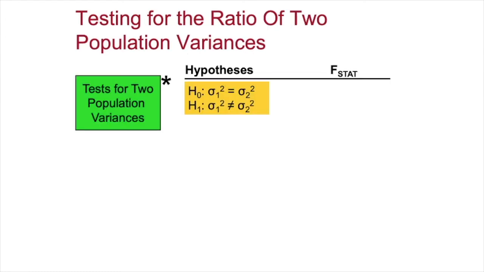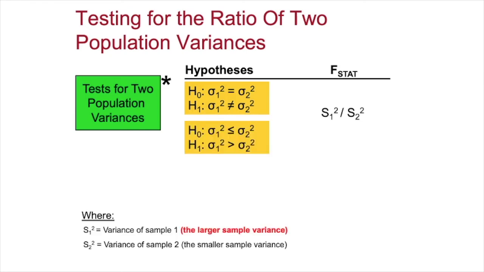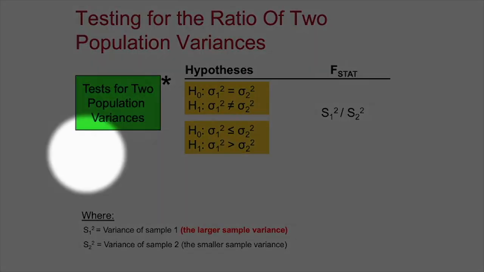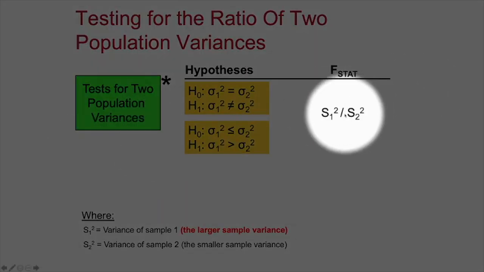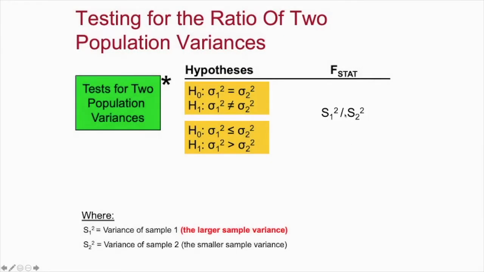So in order to test whether two variances are equal, we are actually going to test their ratio. So if our hypothesis H0 is that sigma 1 squared equals sigma 2 squared, we are actually going to use the ratio S1 squared over S2 squared as a test statistic.